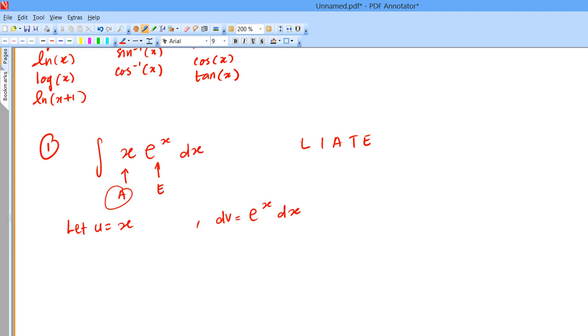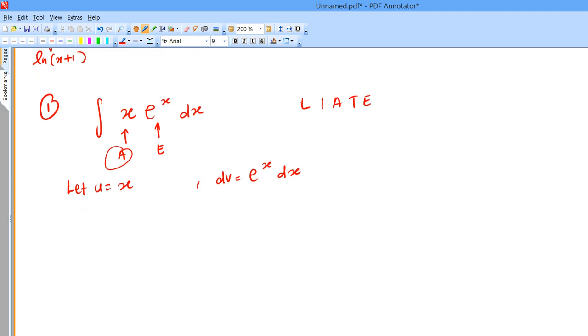When we let u equal to x, we need to differentiate the left hand side and right hand side. Differentiating the left hand side gives du, and differentiating the right hand side gives dx. And then dv equals e power of x times dx. To define v, we integrate both sides: integrate dv equals integrate e power of x dx.